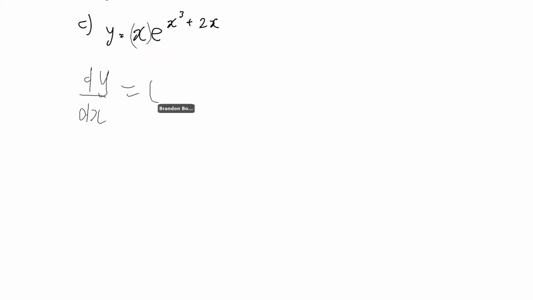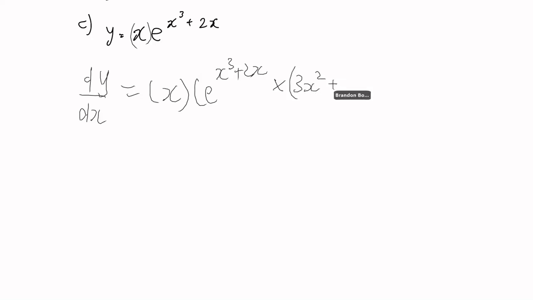So keep x first, then copy e to the power, differentiate the power on top times open bracket 3x squared plus 2. Try to keep the 3x squared plus 2 a bit lower, on the same level as the e power, or you confuse it with the exponent.